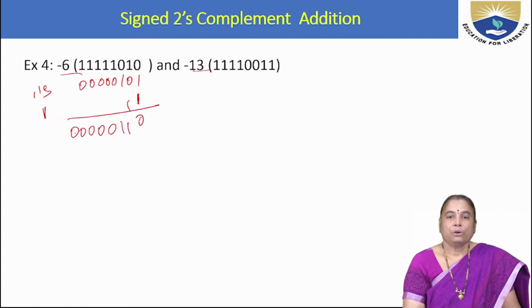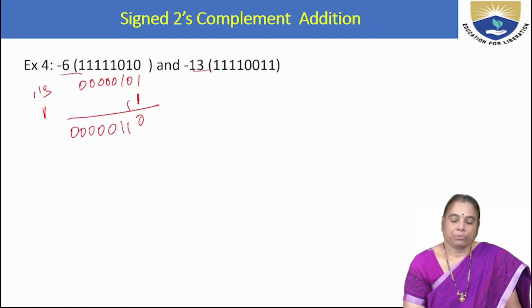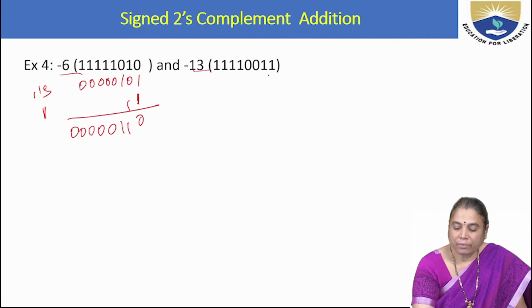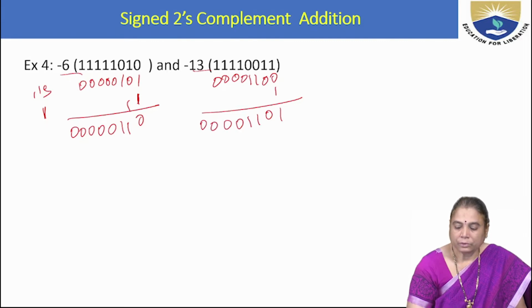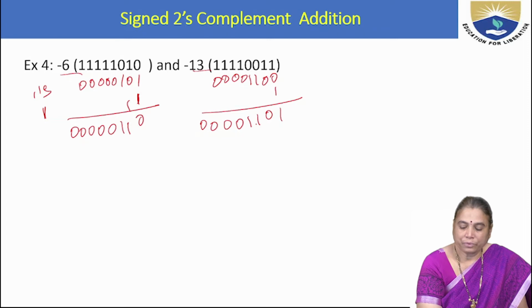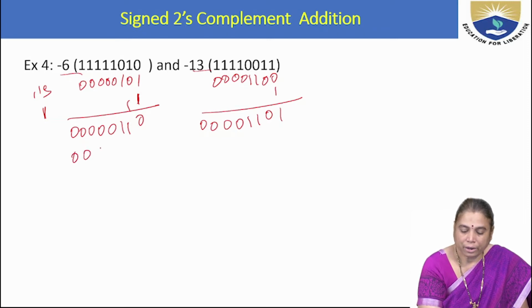So this is the 2's complement representation of the -6. Similarly, the -13 also we have to represent in the 2's complement form. And these two values can be added in order to find the sum value.